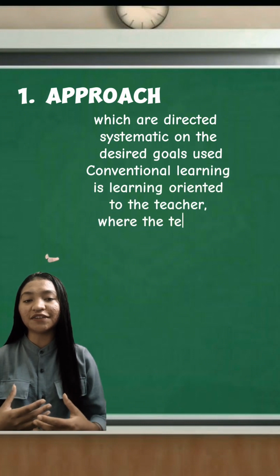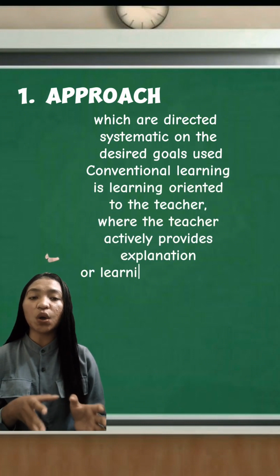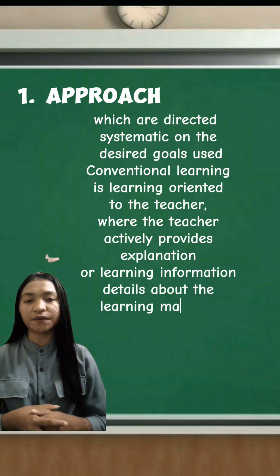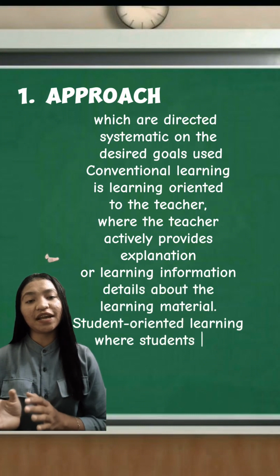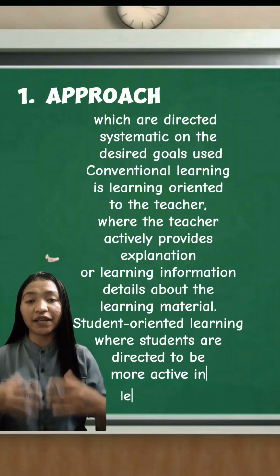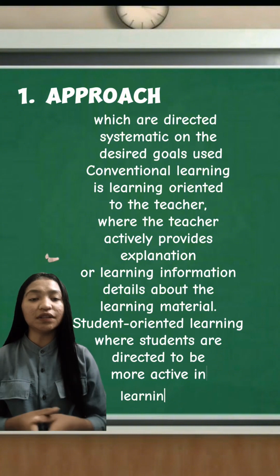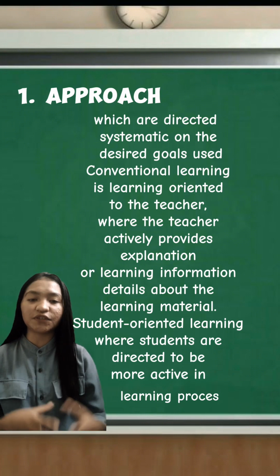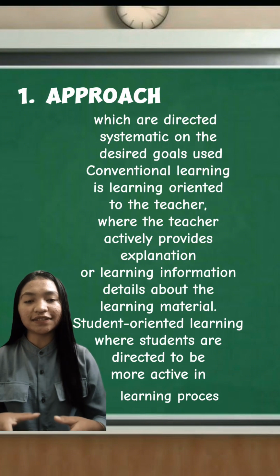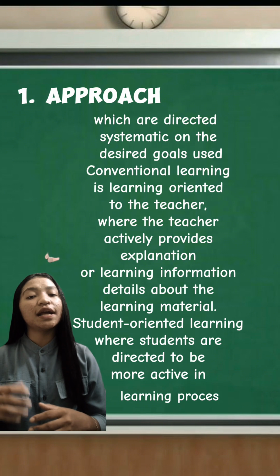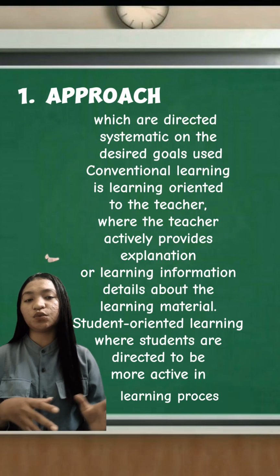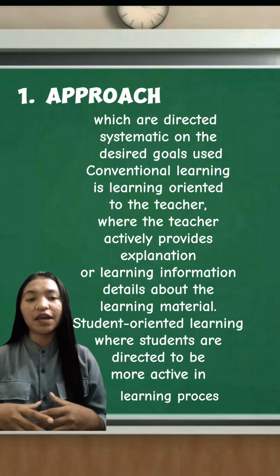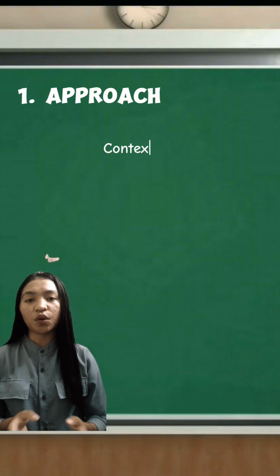Conventional learning is learning oriented to the teacher, where the teacher actively provides explanation or detailed learning information about the learning material. Student-oriented learning is where students are directed to be more active in the learning process.